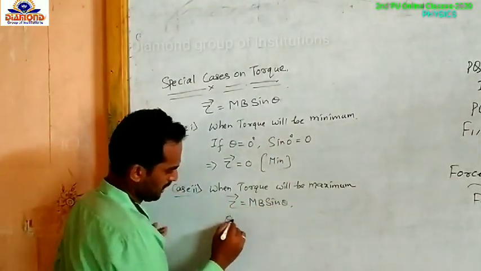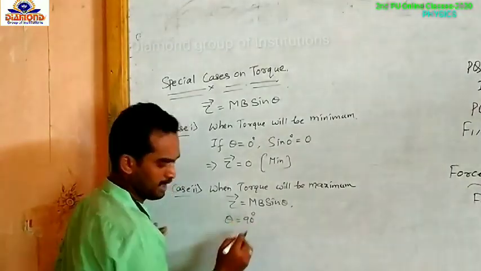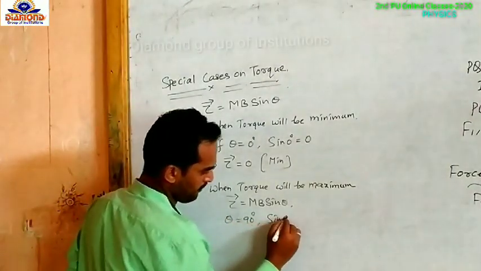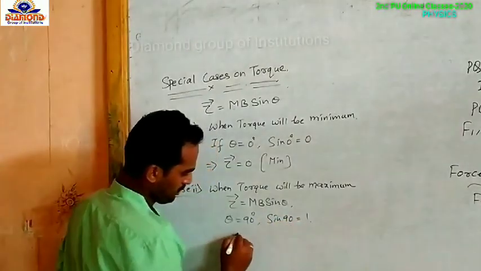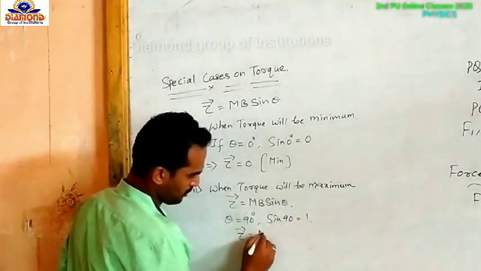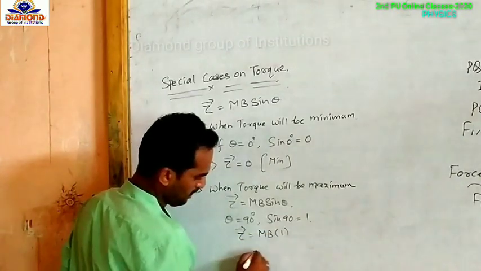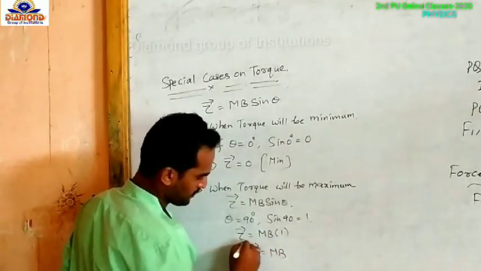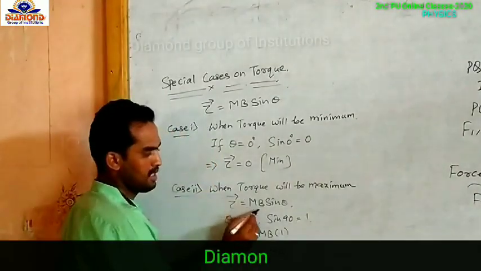Now taking theta equal to 90 degree, that is perpendicular, sin 90 value becomes 1. So tau equal to M B into 1. So what is the answer? Maximum torque is going to exist when the angle is 90 degree.